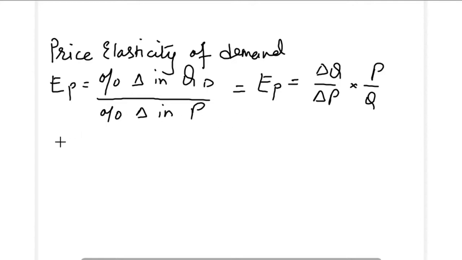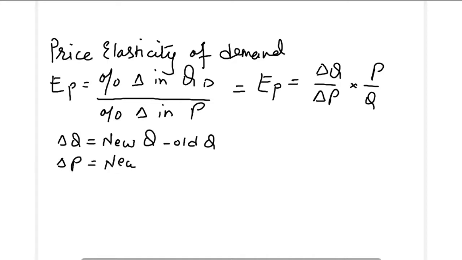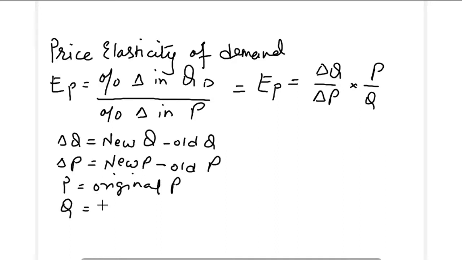Now, if we move further, let us see what is delta Q. Delta Q is nothing but the new quantity minus the old quantity, and similarly delta P is nothing but the new price minus the old price. This will give us information of delta Q and delta P. P, however, is the original price, and Q similarly is the original quantity.